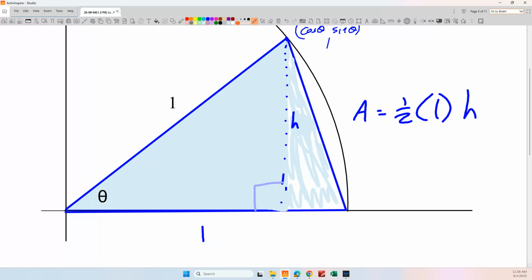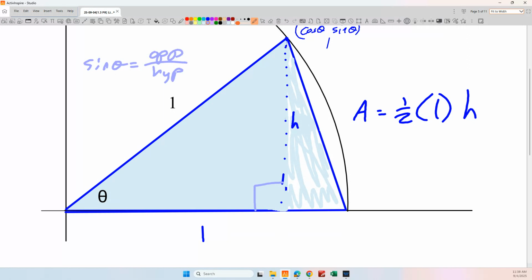So sine theta equals the opposite side length over the hypotenuse, right? So the sine of theta equals h divided by 1.